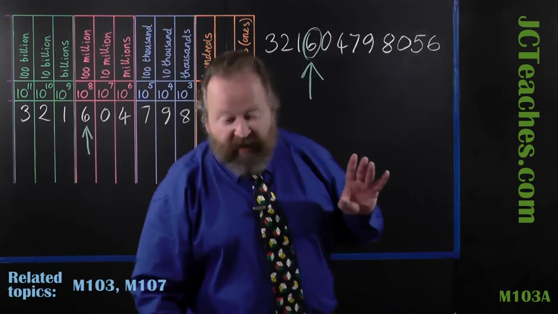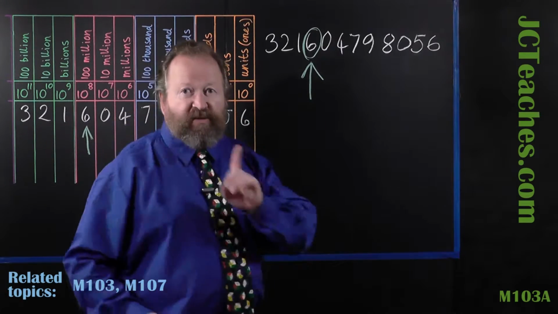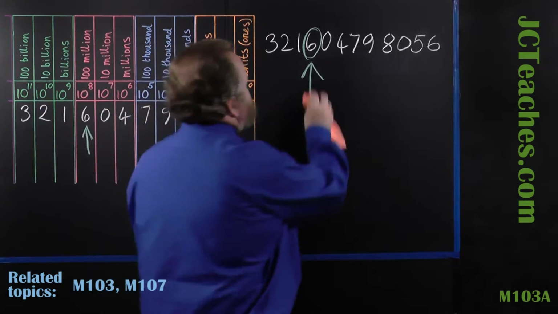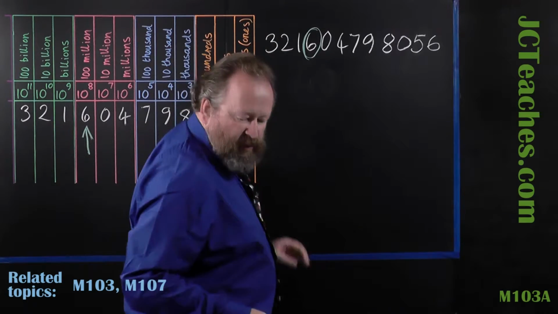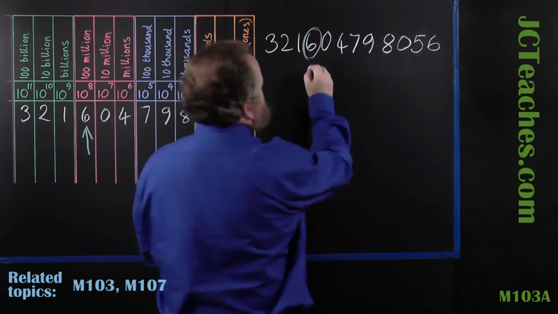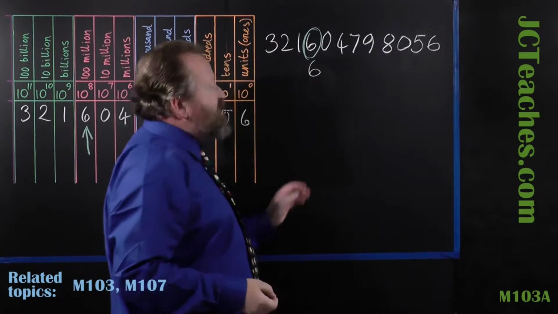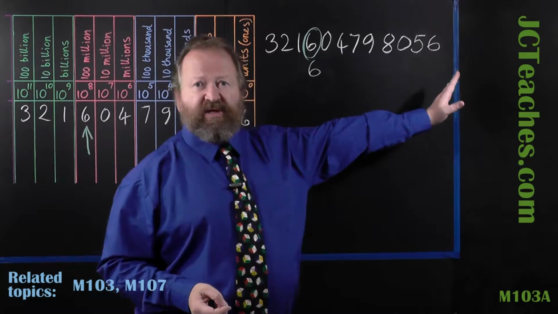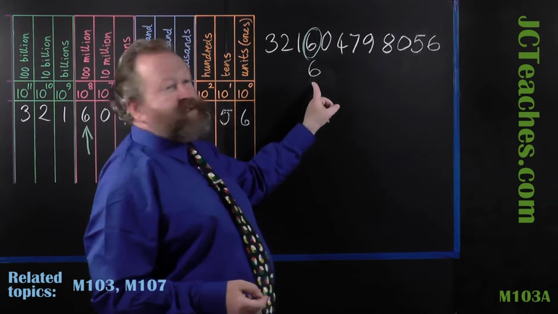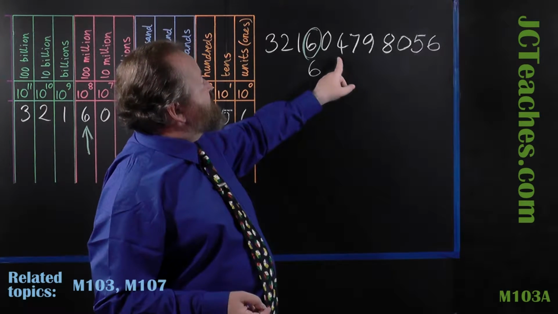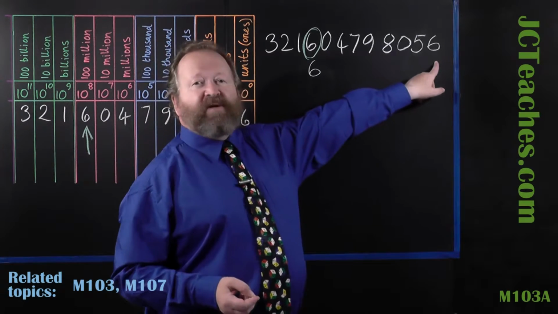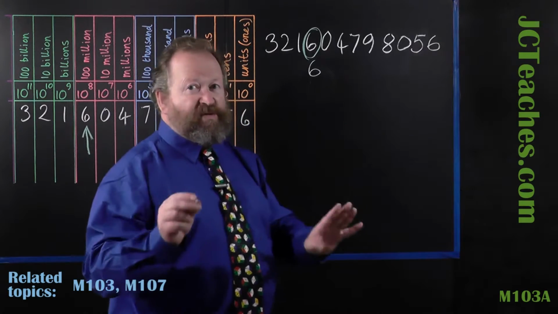Now, without having all this table business, the first thing that we can do is write our number, 6, and we can imagine that all these other ones are actually zeros. That will give us what that is actually worth. So wherever there's another digit, for the rest of the numeral, we just replace it with a 0.